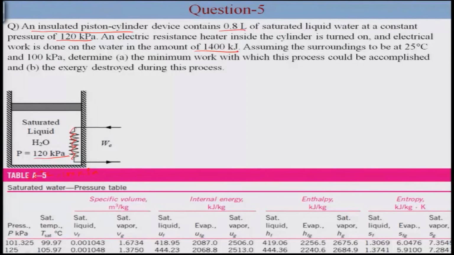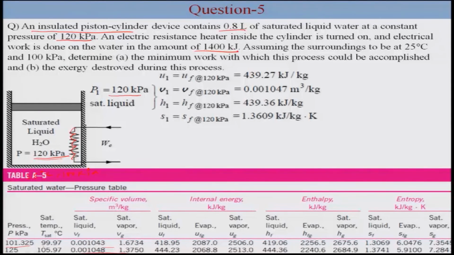The values are not given at 120 kilopascal, rather we need to calculate them by interpolating between 101.325 and 125 kilopascal. So, after interpolating we get the values at 120 kilopascal. As it is mentioned that this is a saturated liquid, all the values are obtained.